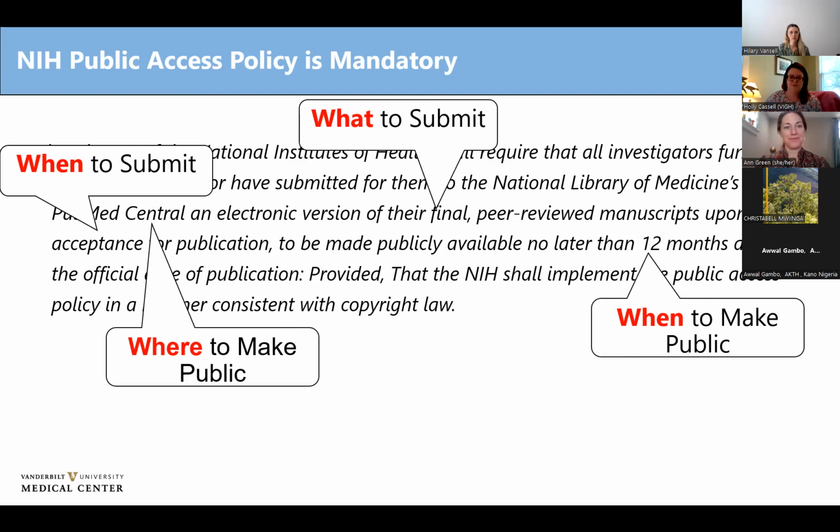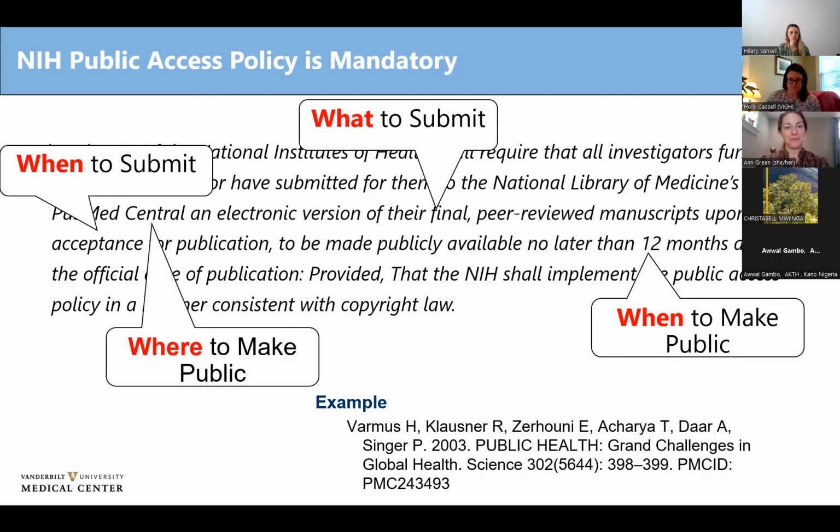So once you submit an article through the system, it is given a PMC ID number. So ta-da! That is what the PMC ID number is. It means that the article arose from NIH funding and it is made publicly available.